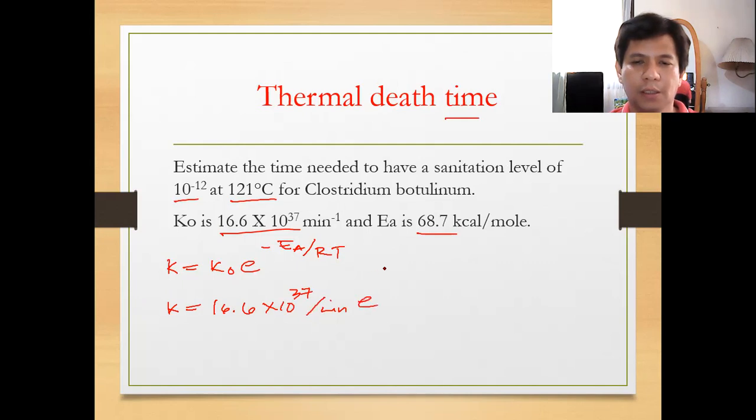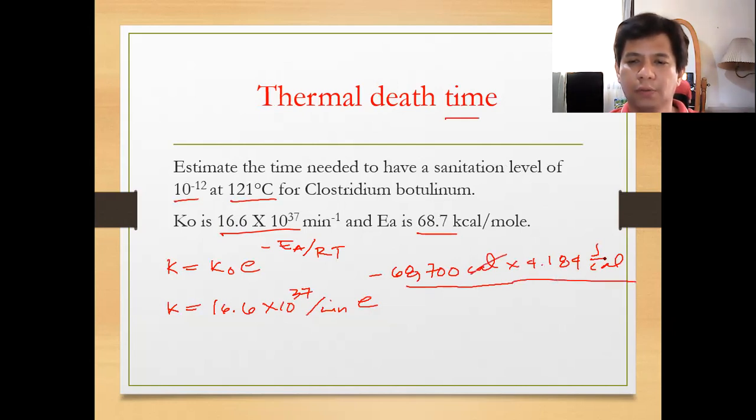Tapos times E, negative E sub A is 68,700. Ano? Kasi kilo times 1,000. Tapos, this is calorie. So, para maging joules, multiply lang natin ng 4.184. So, this is joules per calorie.